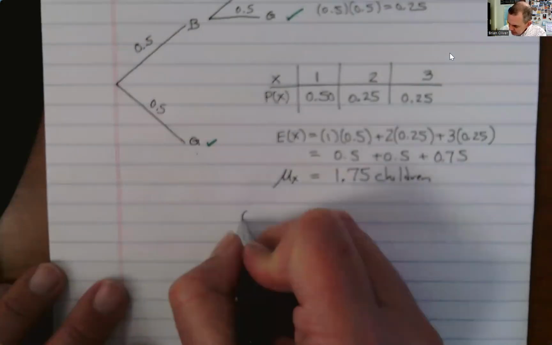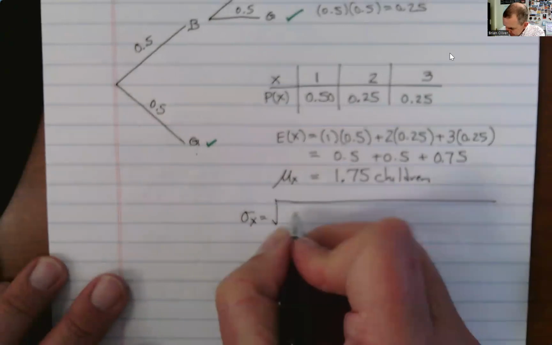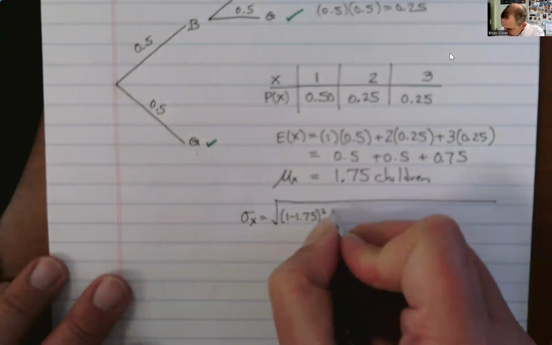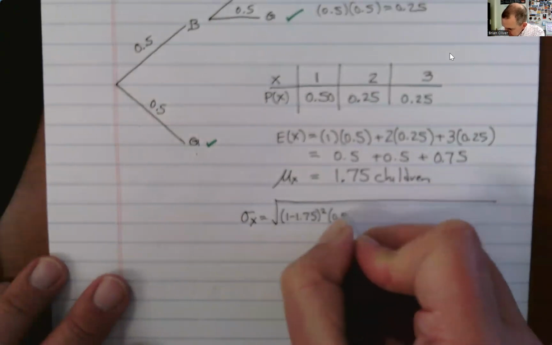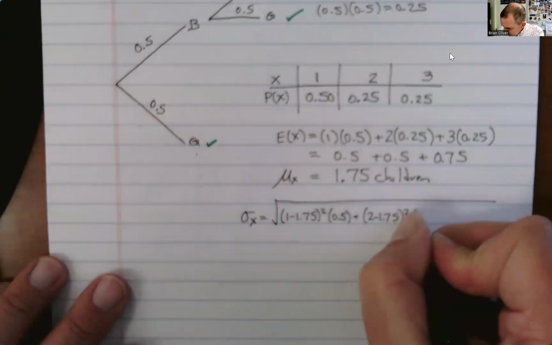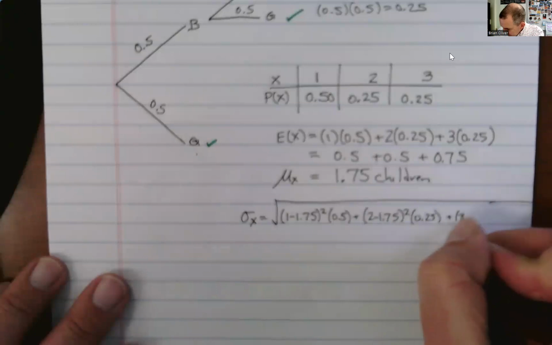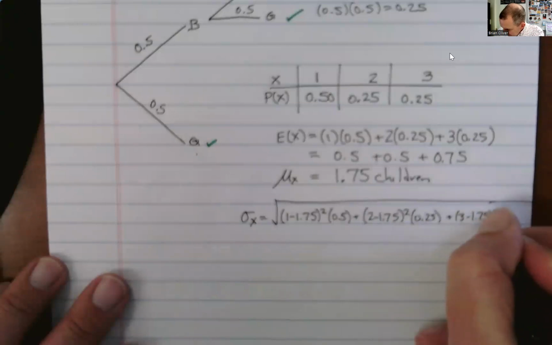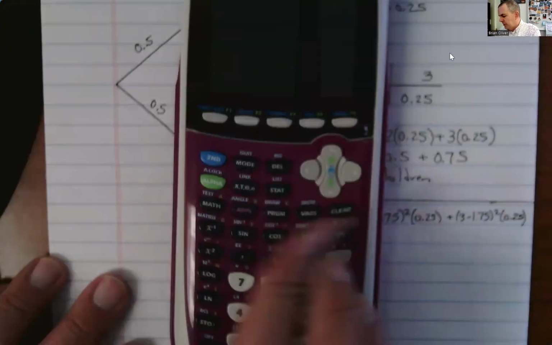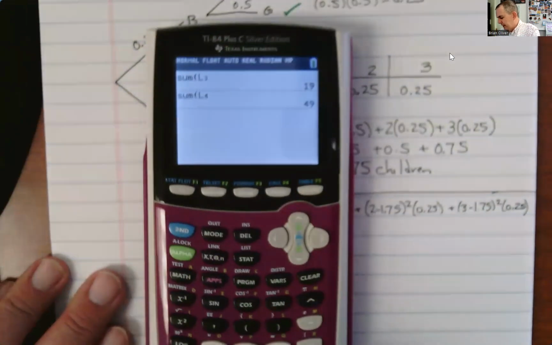And to figure out the standard deviation, we're going to take the square root of the variance. So in this case, it's going to be 1 minus 1.75 squared times 0.5 plus 2 minus 1.75 squared times 0.25 plus 3 minus 1.75 squared times 0.25. And we go to our calculator. You can use the L1, L2, L3, but in a case like this, I would probably just do the math this way.